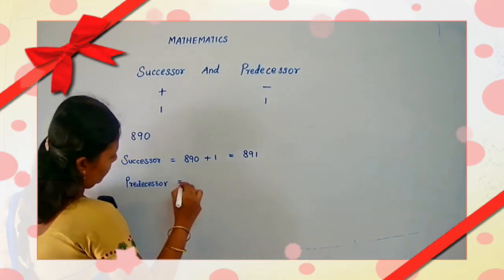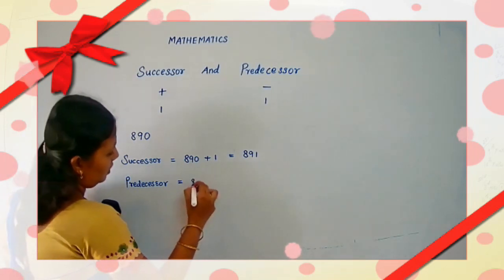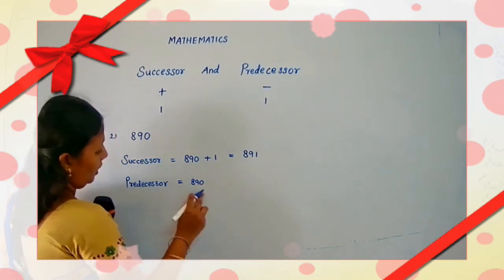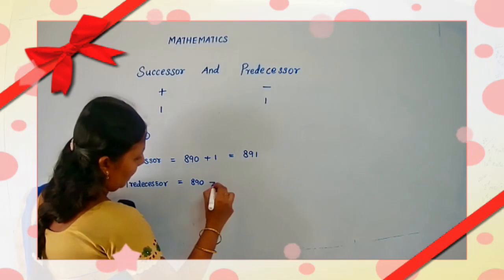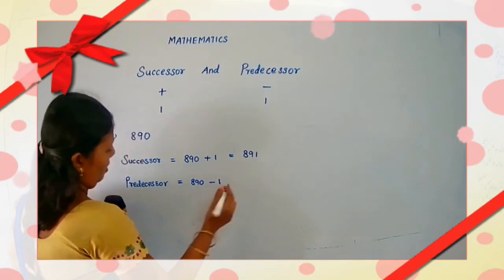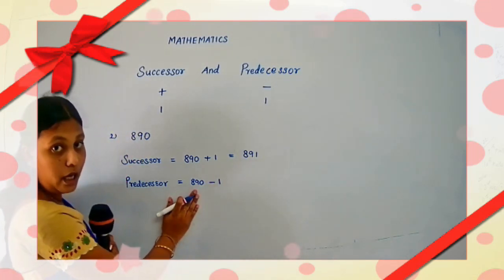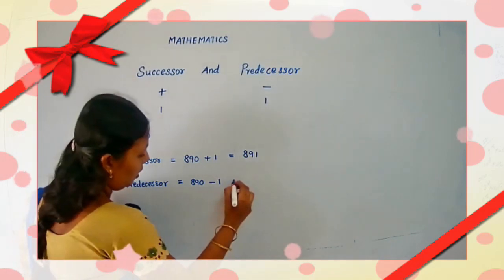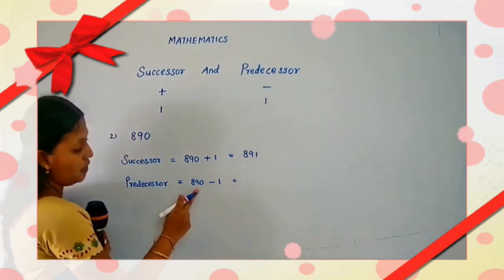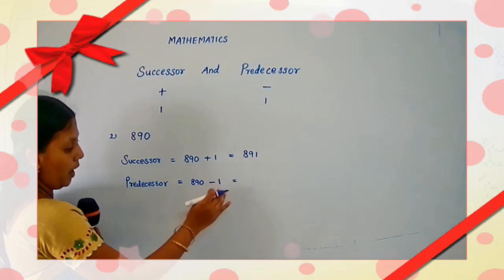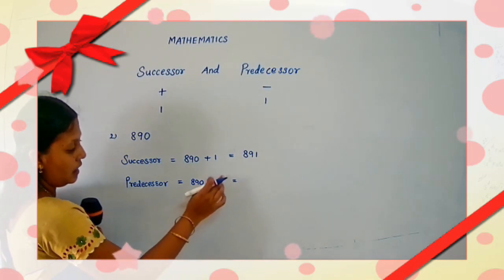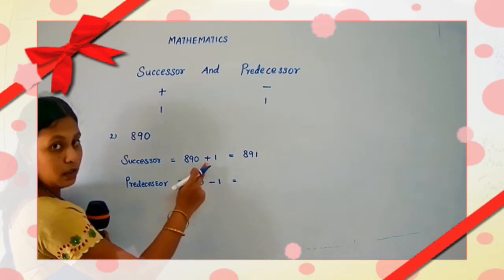Predecessor. First you take and write the given number, subtracting 1 from the given number. 890 subtract 1, 890 minus 1. What is this symbol? Plus.